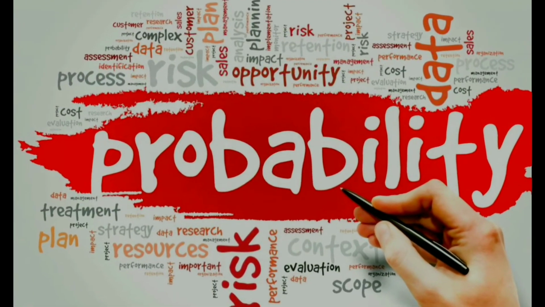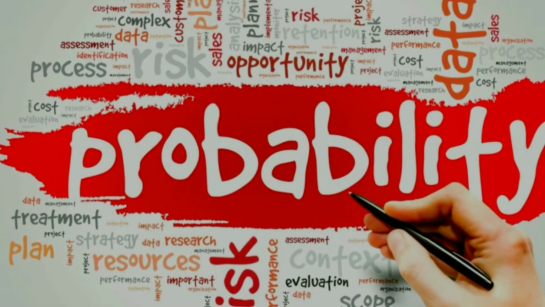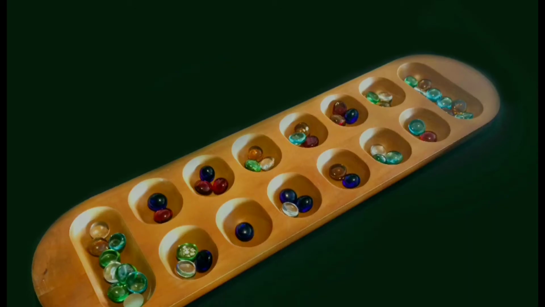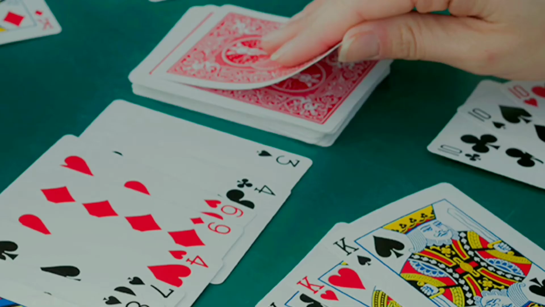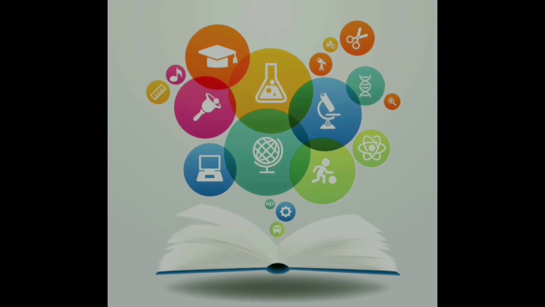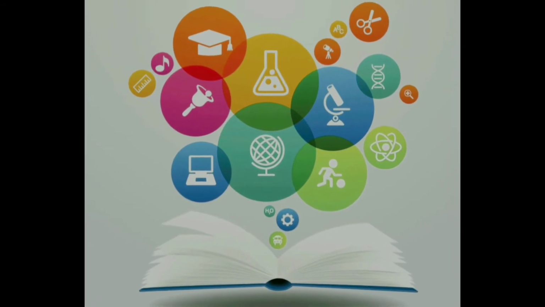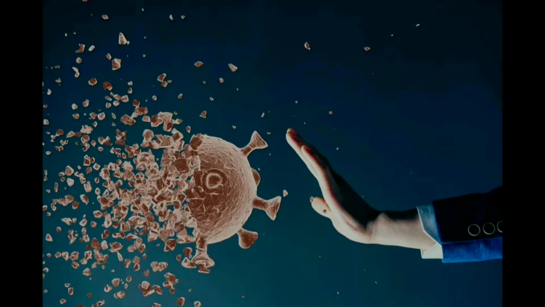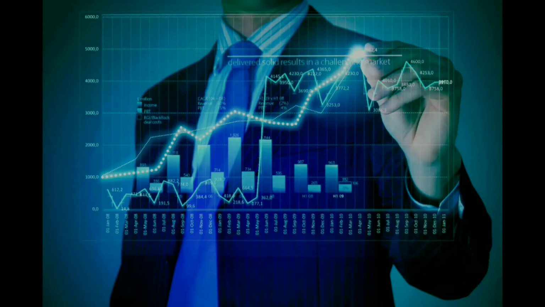Probability is actually a newer branch of mathematics. Even though we've been playing games forever and ever, we haven't actually tried to put numbers to the games until more recent in human history. Probability is extremely important to our everyday lives, not just for games, but for example, modeling diseases, something that is very much needed right now in the real world.